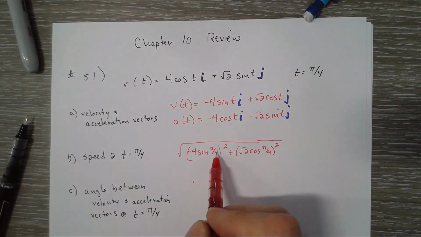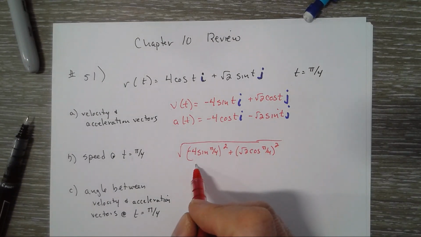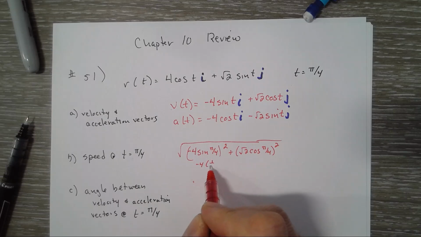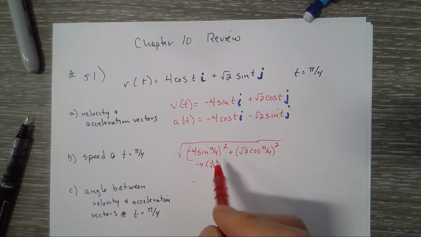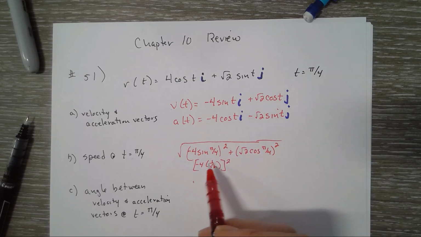Sine of pi over 4 is 1 over square root of 2, or square root of 2 over 2. So I'll say negative 4 times 1 over square root of 2, squared, so that'll be 16 over 2, which is 8.